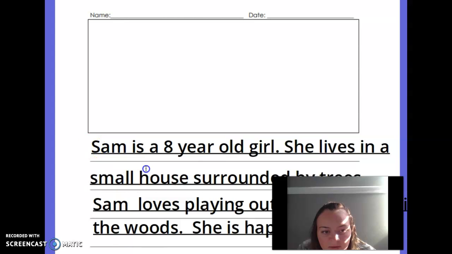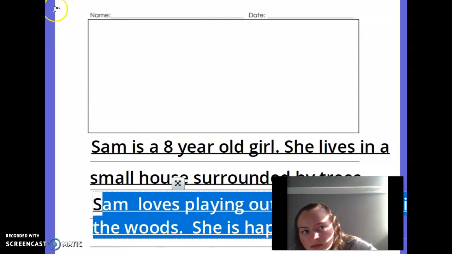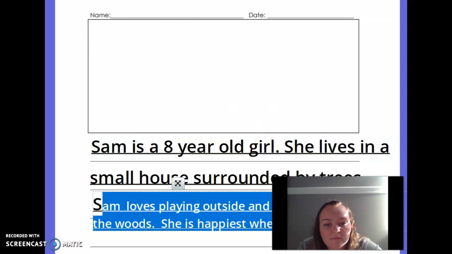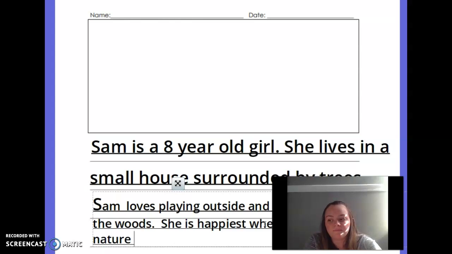I think I'm going to have to make my font a little smaller here to get everything in. Let's see if I can do that. Happiest when she is surrounded by nature and animals.